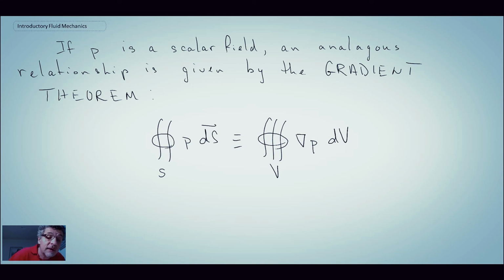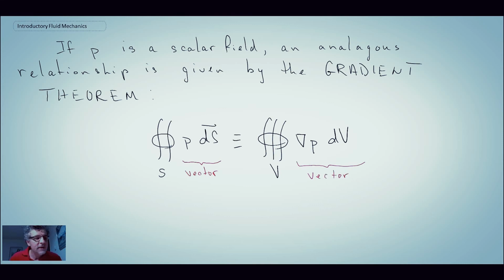And so looking at this, on the left-hand side, we have a scalar multiplied by a differential element, which is a vector. So we end up here with a vector. And then on the right-hand side, we had grad p, multiplied over the scalar, so that as well will be a vector. So we have vector, vector, which is consistent.